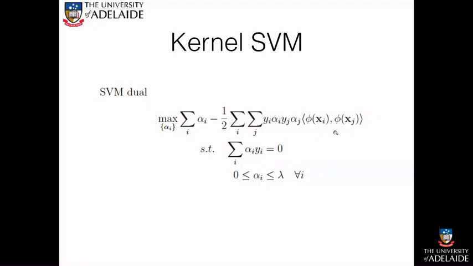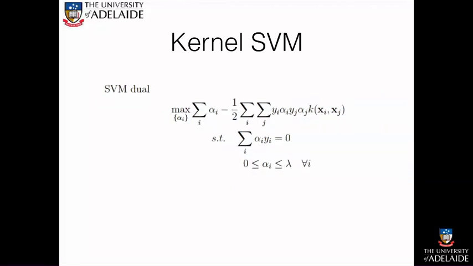So we only need to know how to calculate the inner product of the transformed features, and we calculate it using a kernel function. Here we define a kernel function k(xi, xj), and this kernel function can be a polynomial kernel or an RBF Gaussian kernel. Then we can solve this problem, the same as in the case of linear SVM.